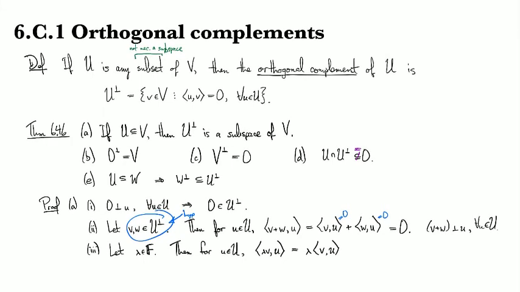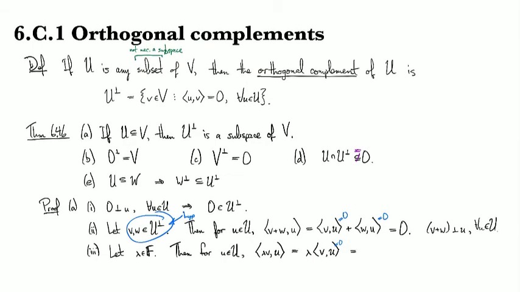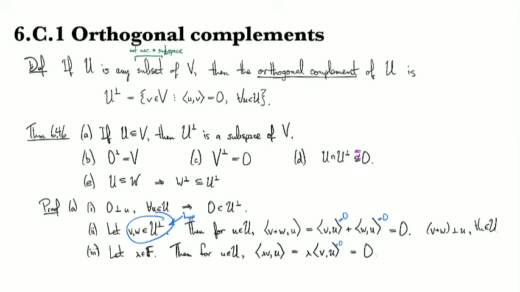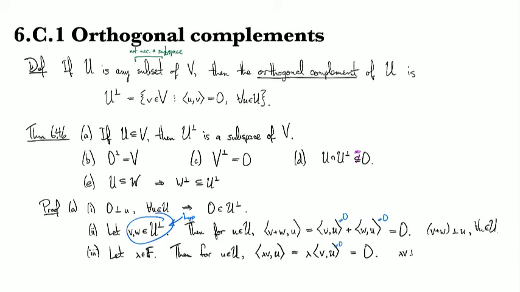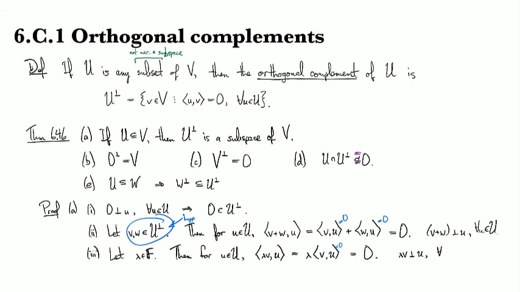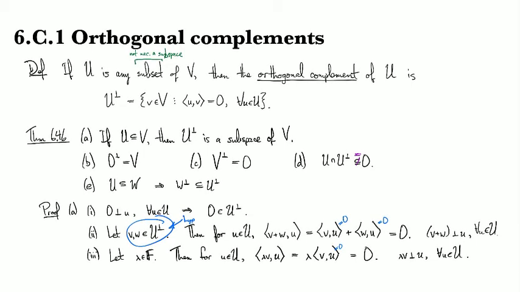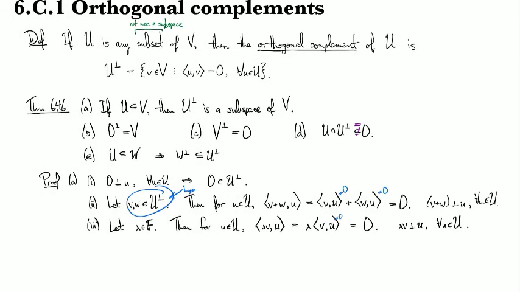And then again, by hypothesis, this inner product is equal to 0. So then 0 times lambda is 0. And then that shows that we have lambda V is orthogonal to everything in U. All right, so no surprises there.